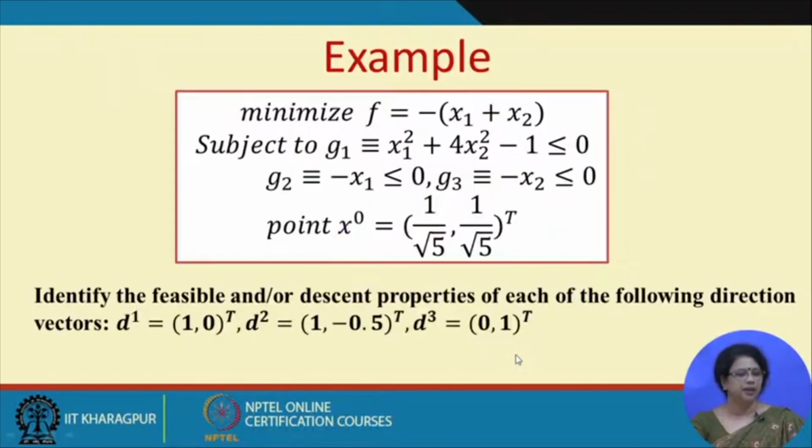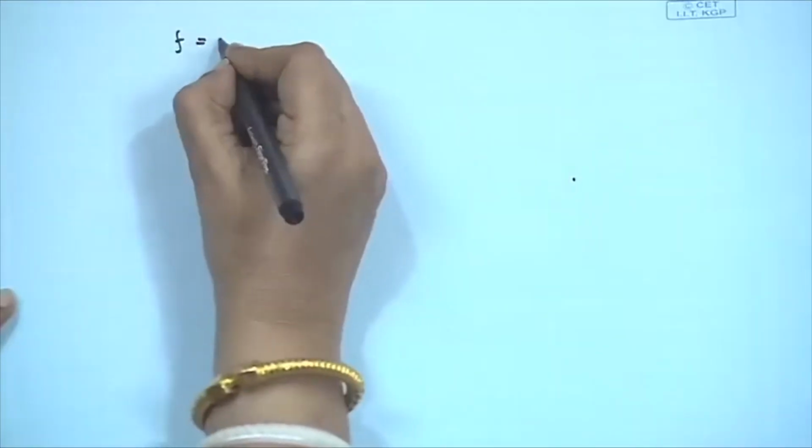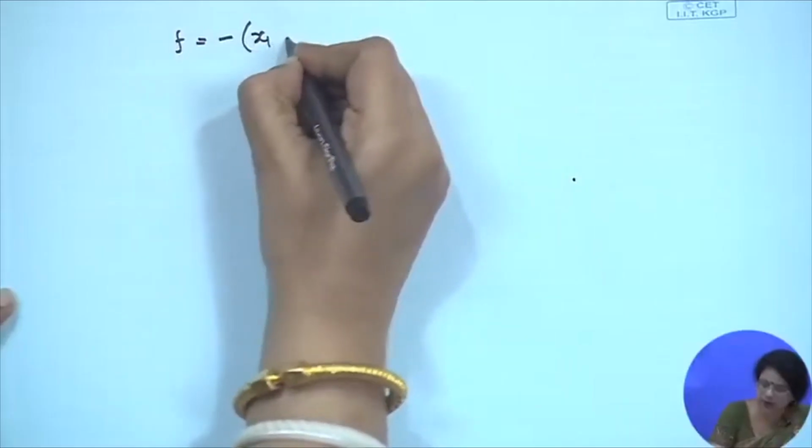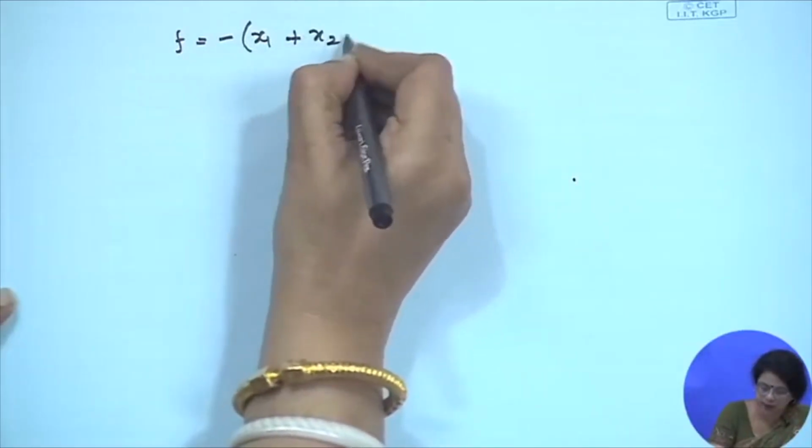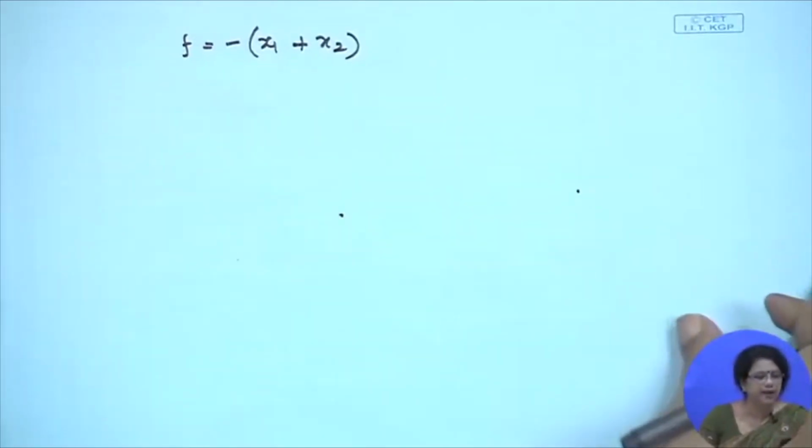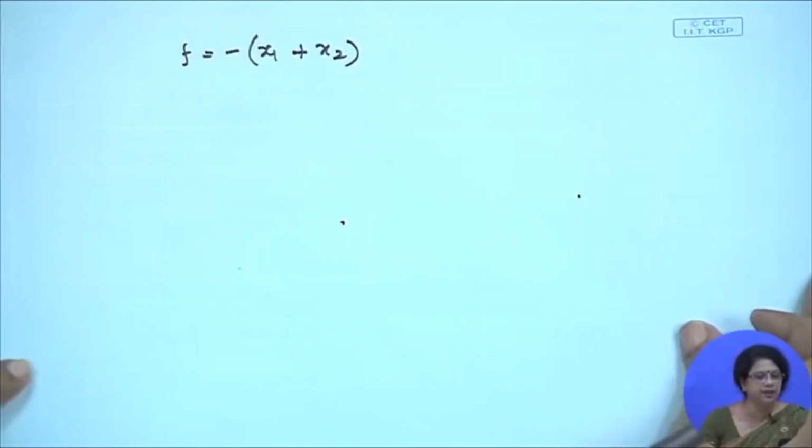Okay. Now, let us deal with another example. One optimization problem has been given as f equals minus x1 plus x2, and three constraints are given.